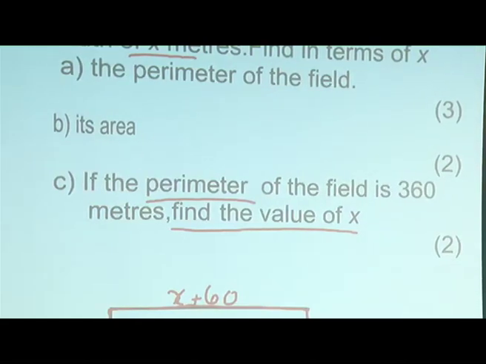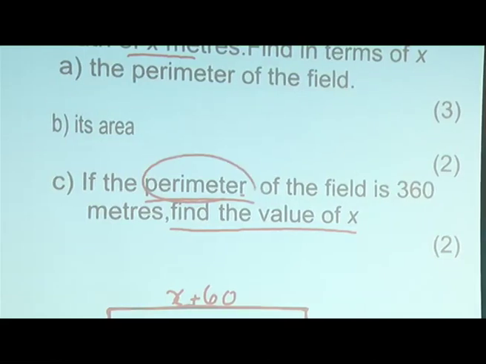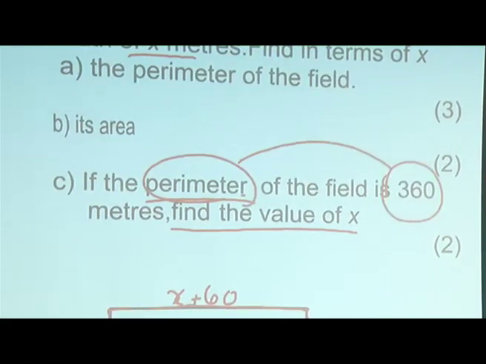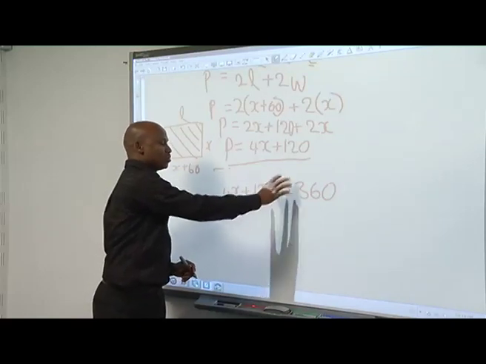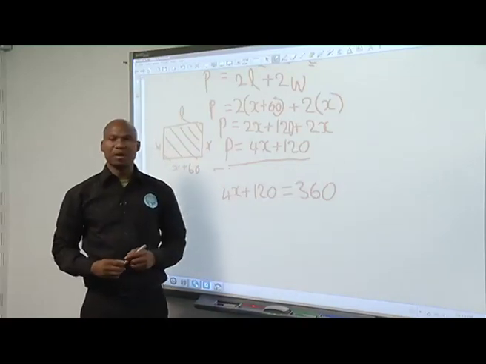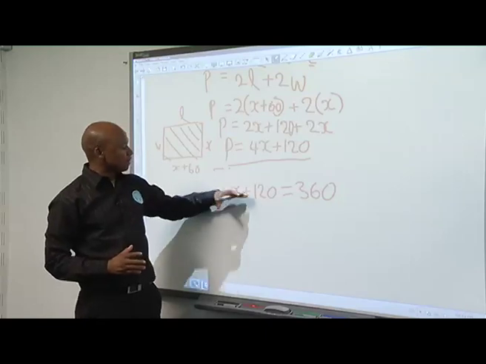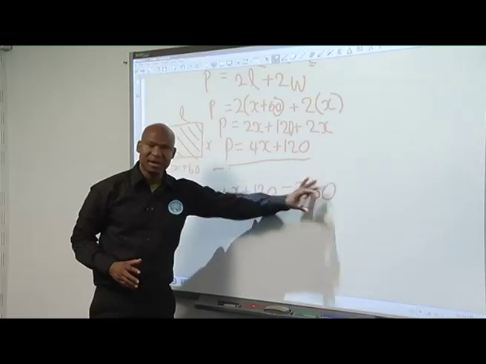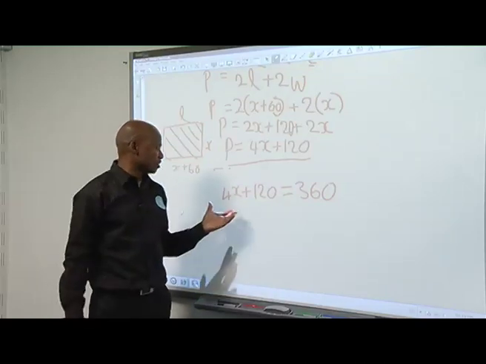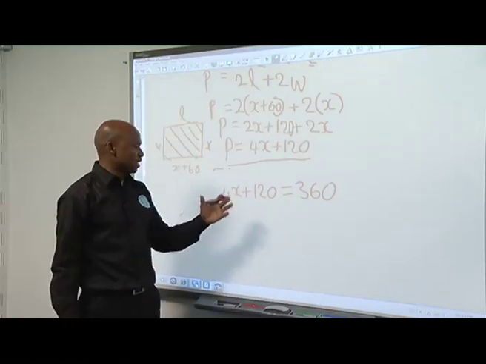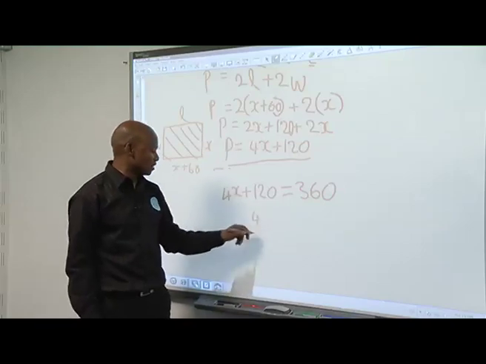And then we are given that the perimeter is 360 meters. Now, this is going to be 4x plus 120 is equal to 360. We are writing 4x plus 120 is equal to p, which is our perimeter. That is what you need to remember. And then we can solve for x, it is very easy for us to solve for x.